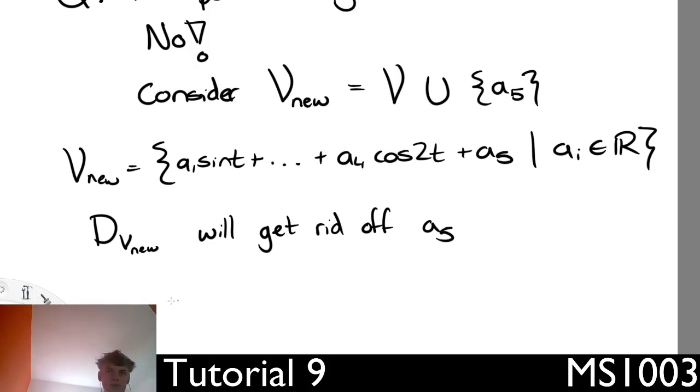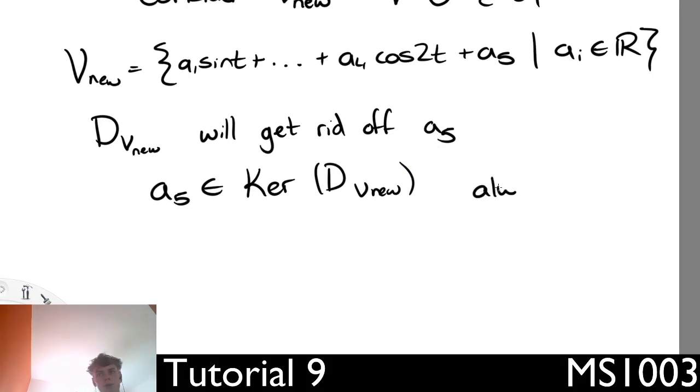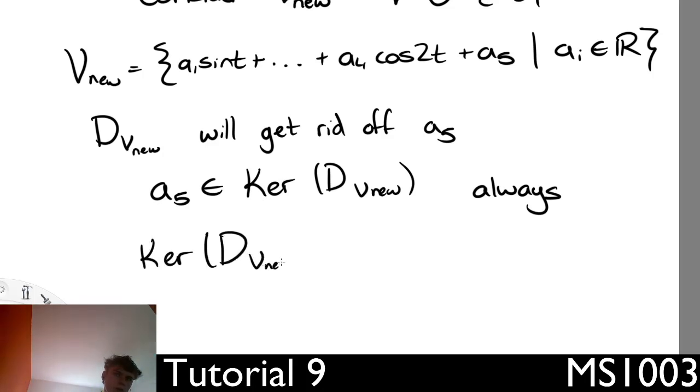So I have that a5 is going to be in the kernel of dV new always, and that means that the kernel of dV new is going to be the set of all a5 such that a5 is real.